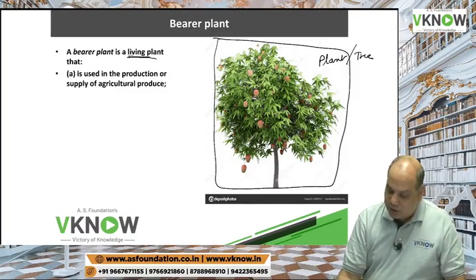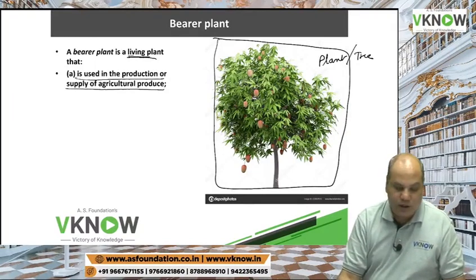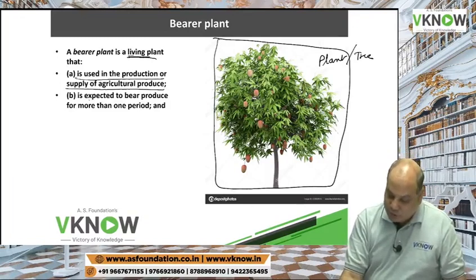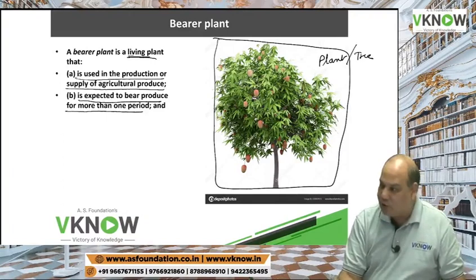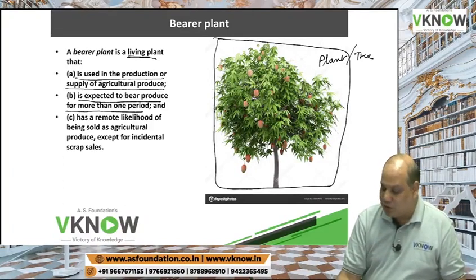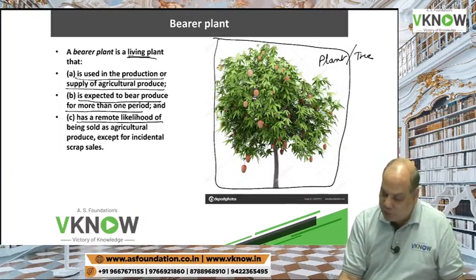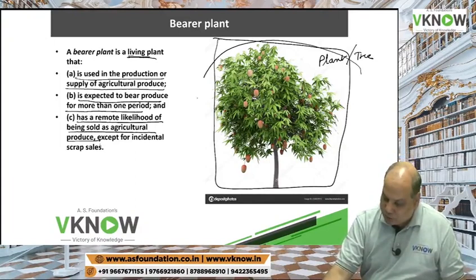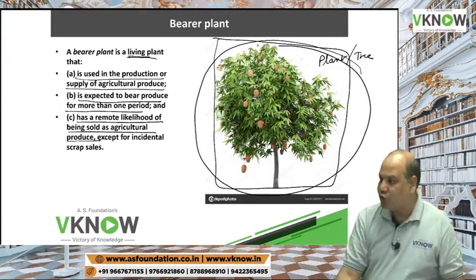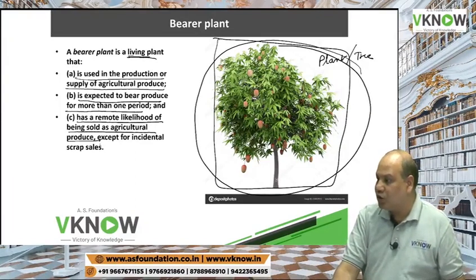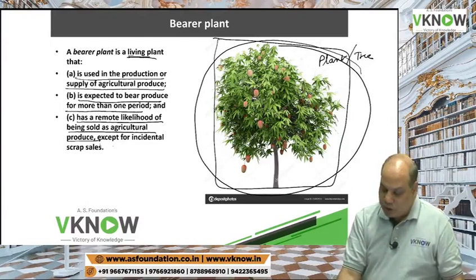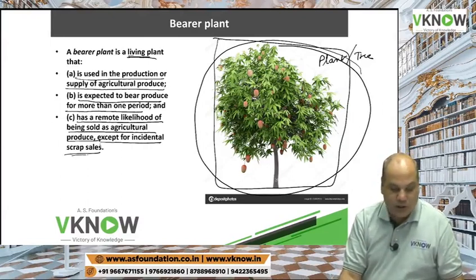Living plant that is used in the production or supply of agricultural produce is expected to bear produce for more than one period. So it will generate fruit for more than 1 year and has a remote likelihood of being sold as agricultural produce. Tree itself is not sold. The produce on the tree is sold except for incidental scrap sale.